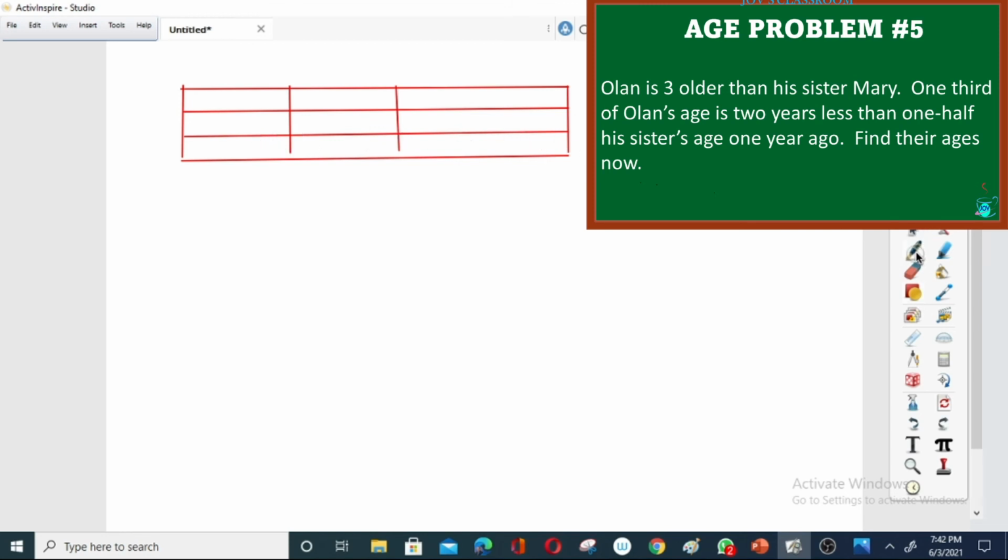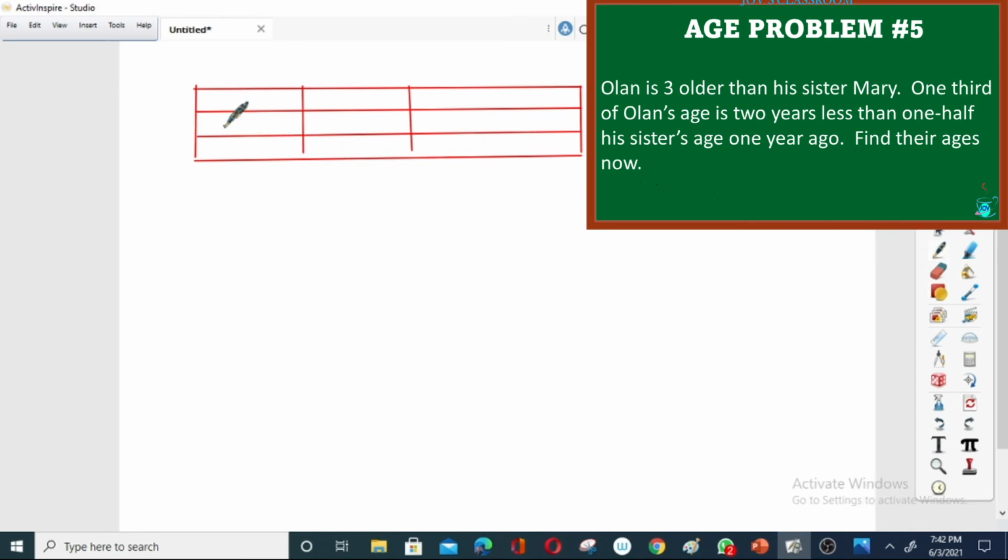So there are 2 involved persons, Olan and Mary. So this is their present age.